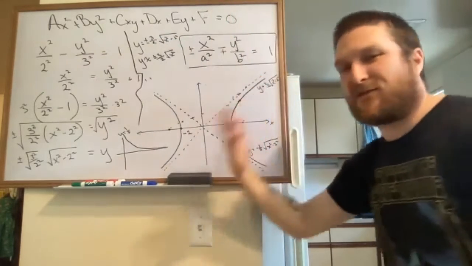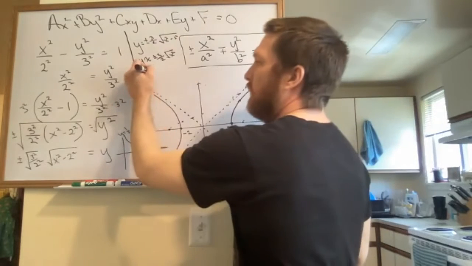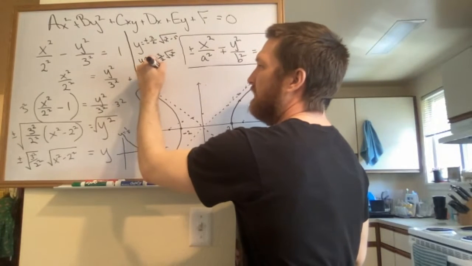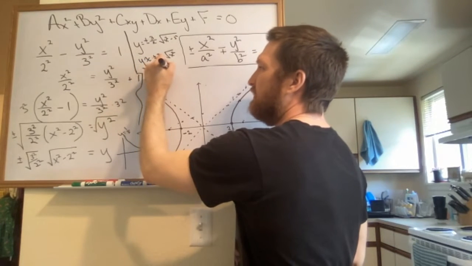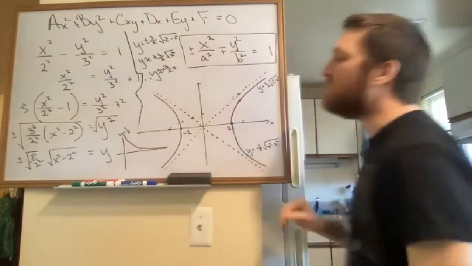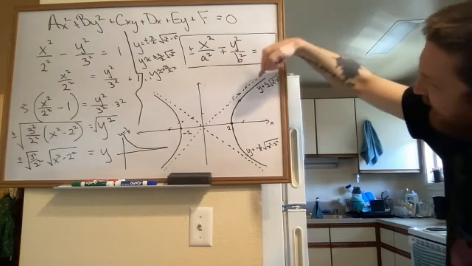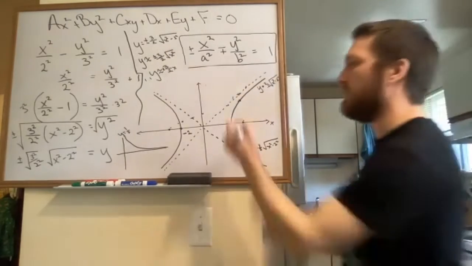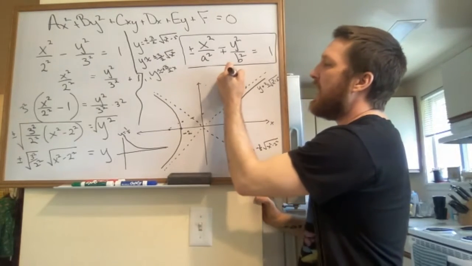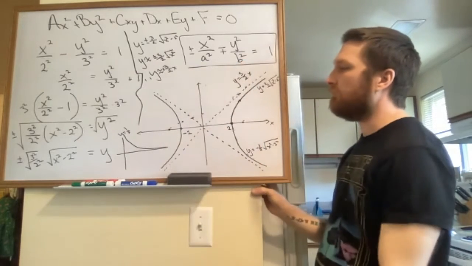But the square root of x squared is just x. So as y gets very, very large, this thing is very close to plus or minus 3/2 x, which is a line right there. It happens to be the asymptote, with the equation y equals 3/2 x.